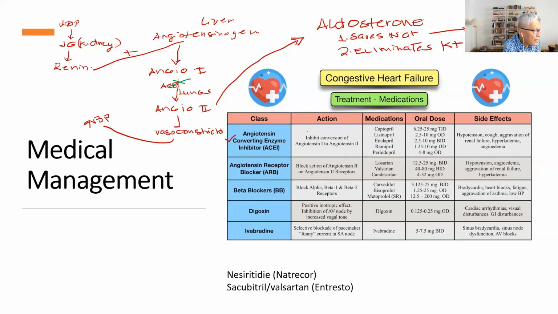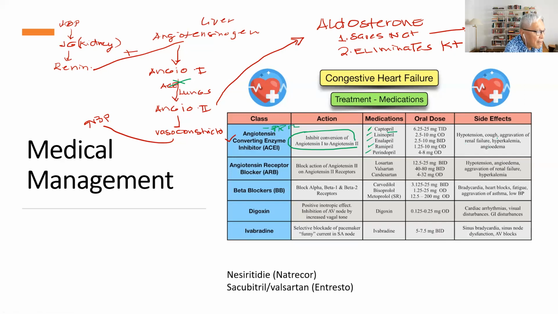So that is the action. It inhibits conversion of angiotensin 1 to angiotensin 2. And medications are captopril, lisinopril, enalapril, ramipril, and perindopril. These are all the medications that end with pril. So always remember that prils are angiotensin converting enzyme drugs.